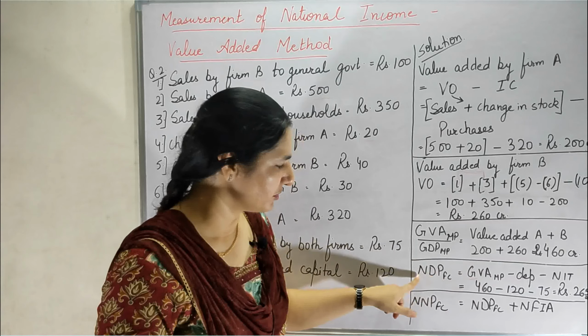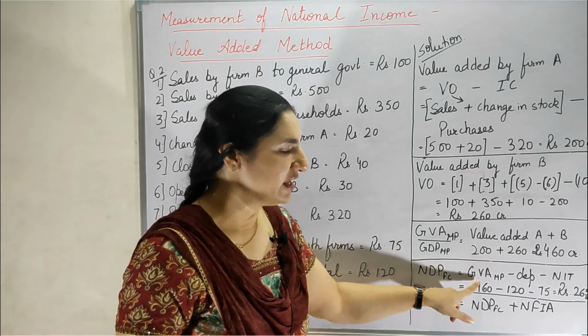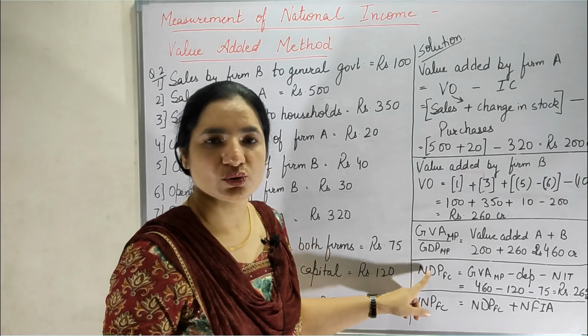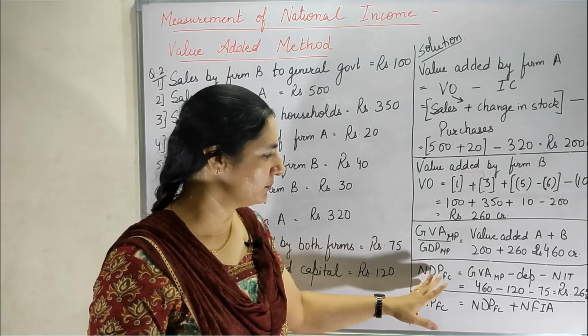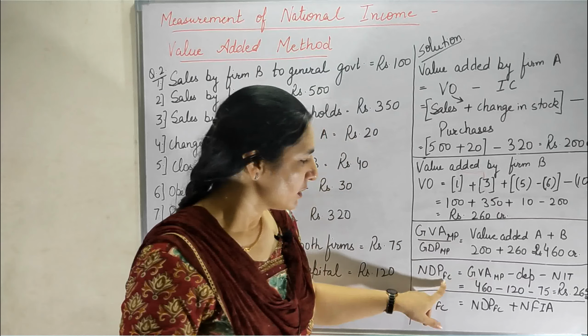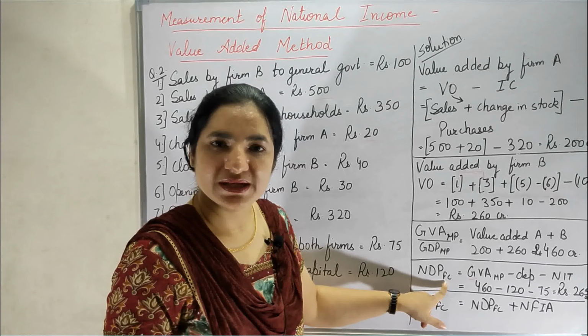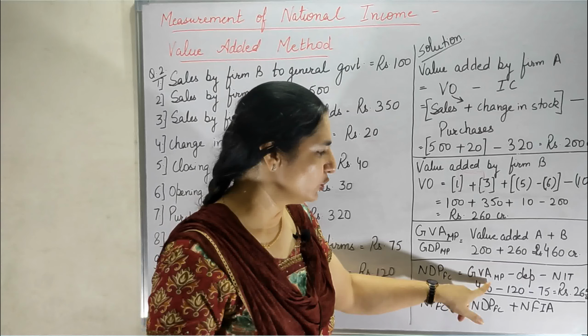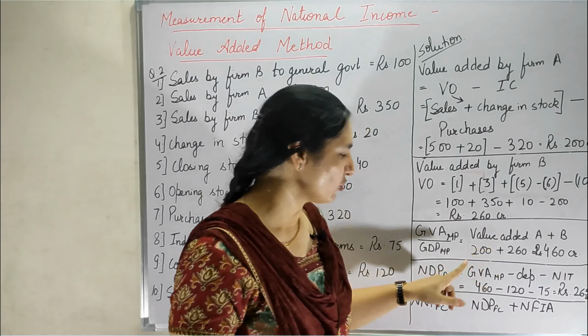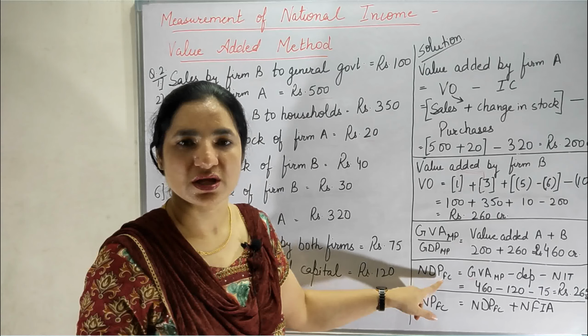So now gross will become equal to net. Value added will always be at domestic level. So we are not required to make any calculation in this. Further, NDP at FC is at factor cost and value added is at market price. So we will deduct NIT from this to arrive at factor cost.